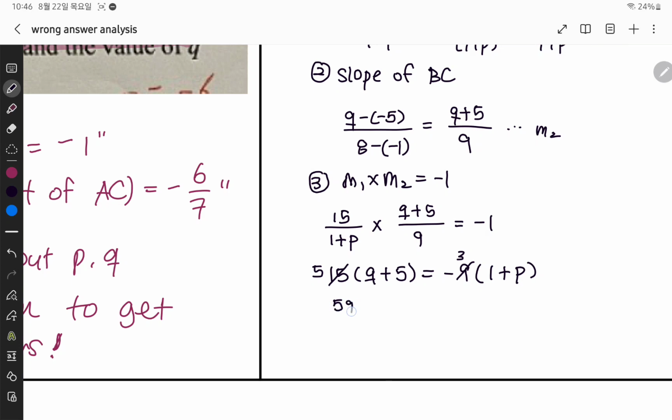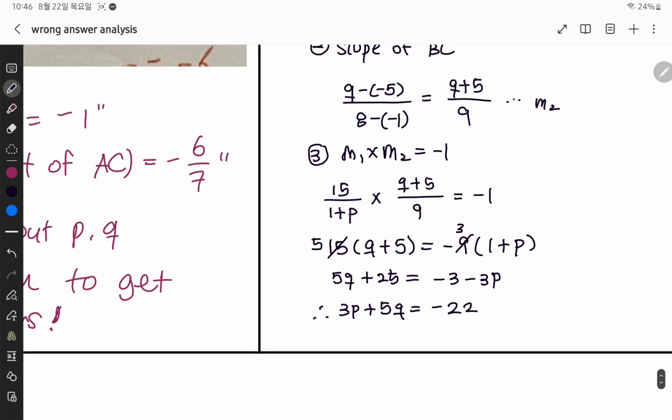So 5Q plus 25 equals -3 minus 3P. So 3P plus 5Q equals minus 28. Sorry, not 22, 28. That's my first equation right there.